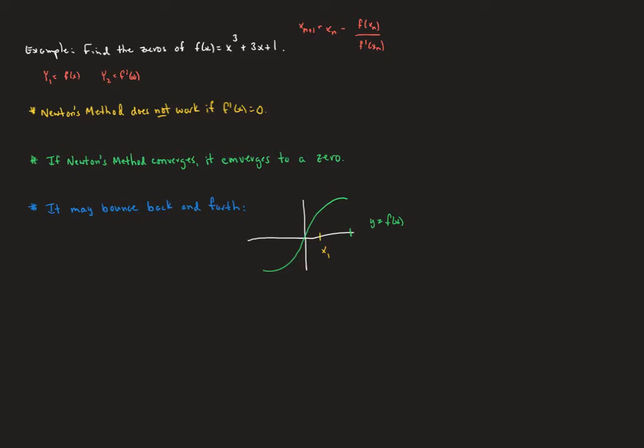So I'm going to do that, and I'm going to pause the video for a minute so I can get my calculator set up, then I'll rejoin you here. Okay, so mine's all set up. I have x cubed plus 3x plus 1 in y1 and 3x squared plus 3 in y2. Now, if you graph that, you can see that the function is going to cross somewhere between -1 and 0.